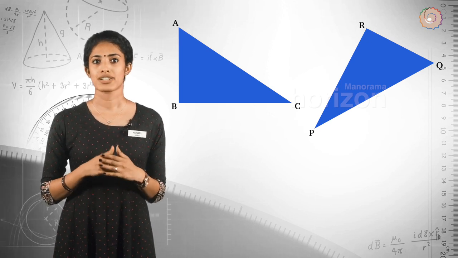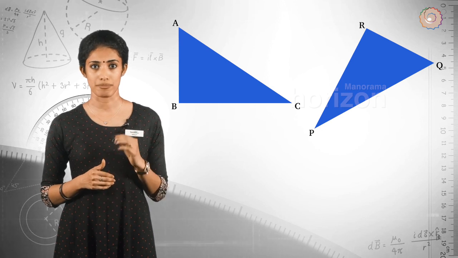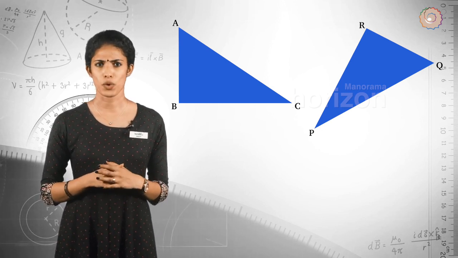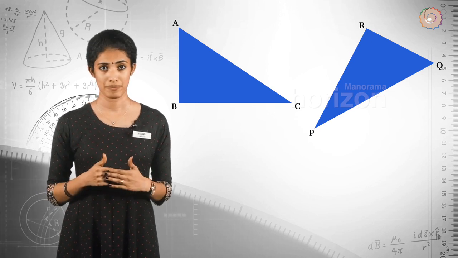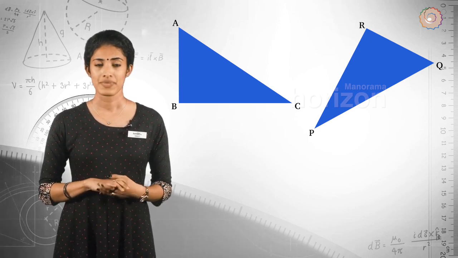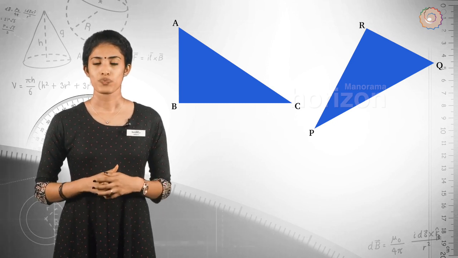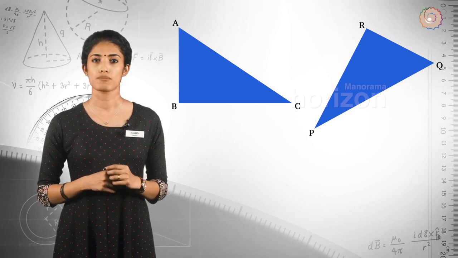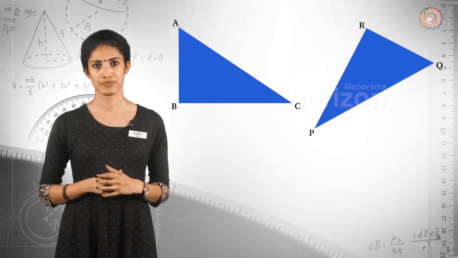So, what we have to look at is whether point A matches Q, or point B matches P or R, and so on. From the figures, if you try to overlap them by flipping, it perfectly overlaps and hence they are congruent to each other. So, clearly we can say that point C matches P, point R matches B, and point Q matches A.